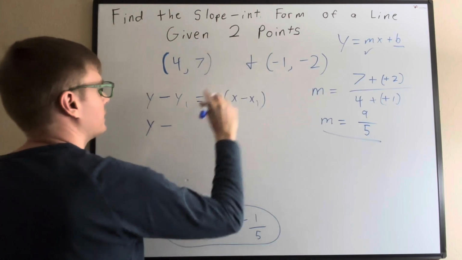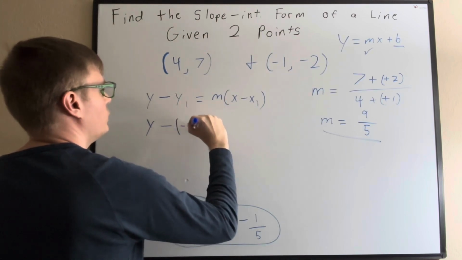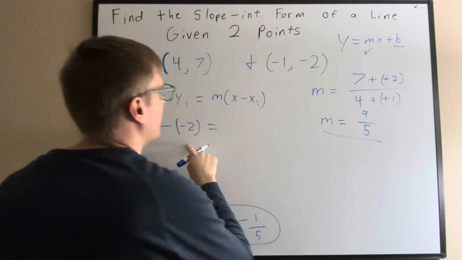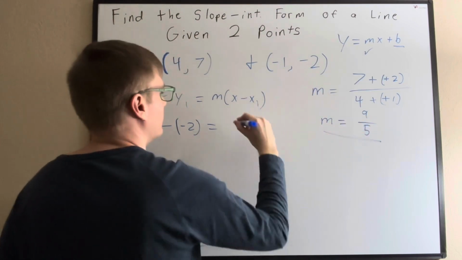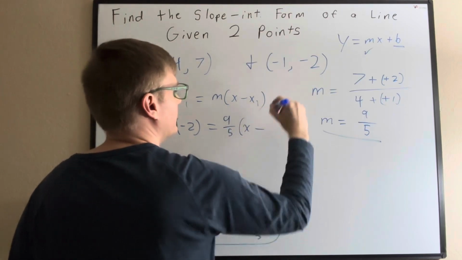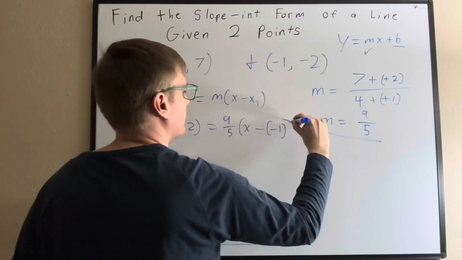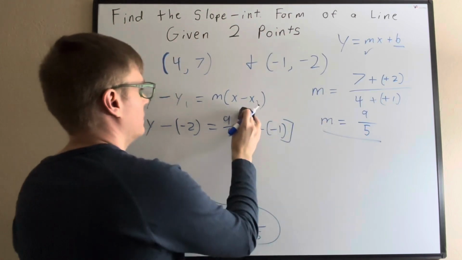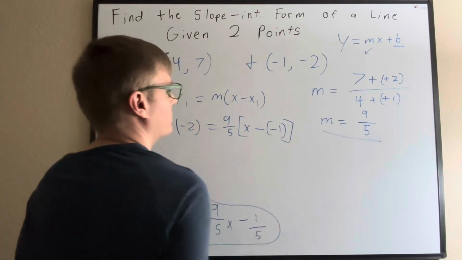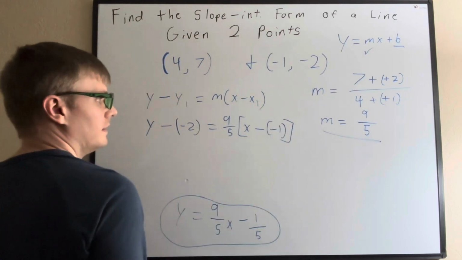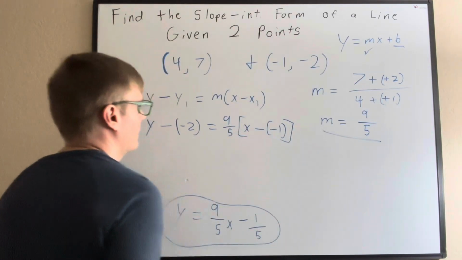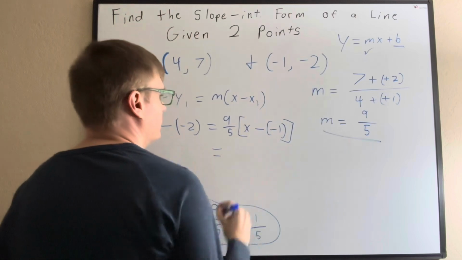Y minus negative 2, that's the y value, equals 9/5 times x minus negative 1. That's a better way to write parentheses. If you have a parentheses inside of another parentheses, you use brackets for the outer parentheses. But anyway, doesn't really matter as long as you can keep them straight.